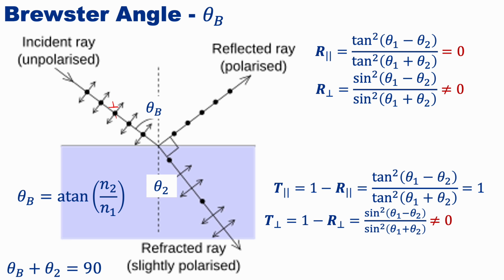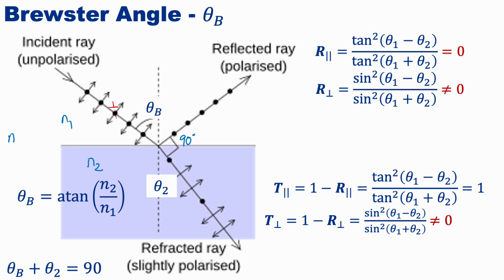There is a particular case where the incident angle is equal to the Brewster angle. The Brewster angle is such that the angle between the reflected and the refracted beams is 90 degrees. So at the end, the angle is going to be estimated as the inverse tangent of N2 over N1.